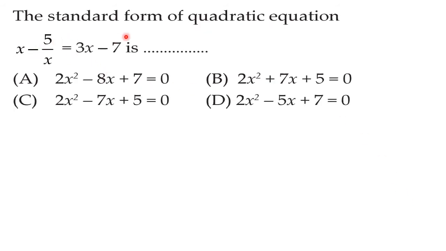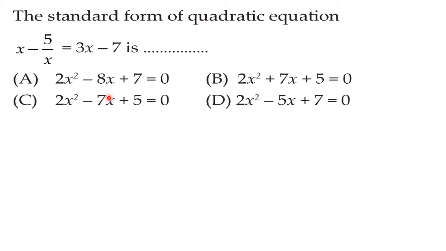The standard form of quadratic equation x minus 5 upon x is equal to 3x minus 7 is. Okay, now here also you have to observe simply. See, when you are going to multiply here by x, then here you are going to get minus 7x.